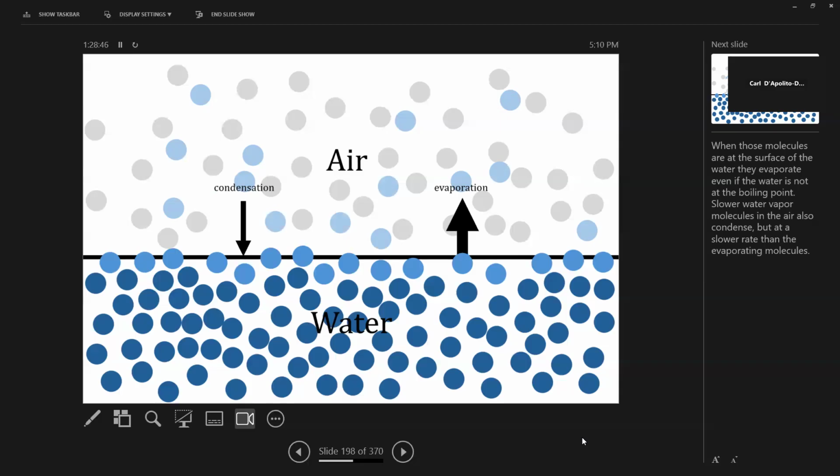If they happen to be going faster, they will evaporate. That's why things evaporate when they're not boiling: some of the molecules are going faster, and if they're at the interface, they will vaporize and turn into air molecules. Likewise, some molecules are always condensing because they're going slower. So there's always an exchange between some molecules evaporating and some condensing, and there's water vapor in the air.